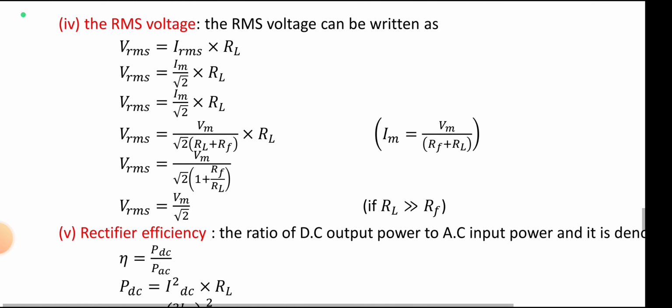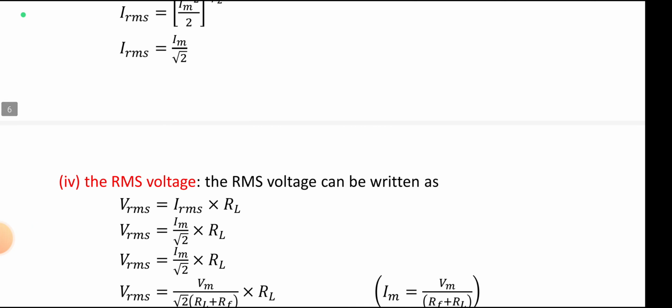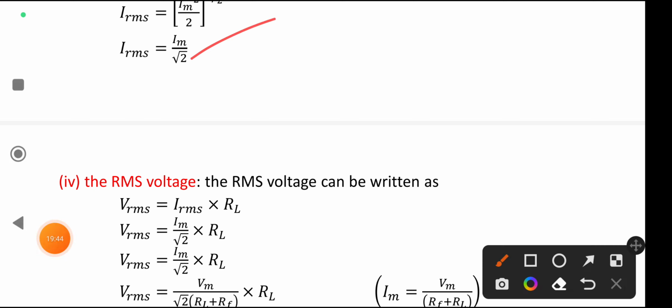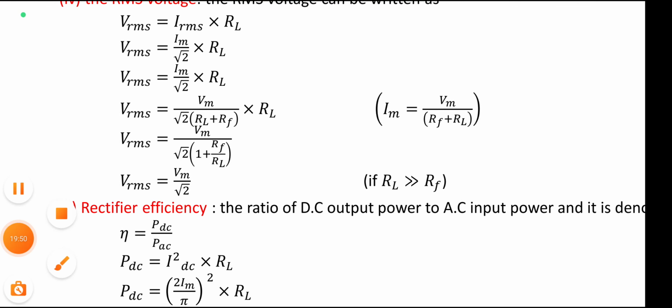Next, VRMS. The RMS voltage can be written according to Ohm's law: VRMS is equal to IRMS into RL. The IRMS value we just got is Im by root 2. In the place of Im, we substitute this value.